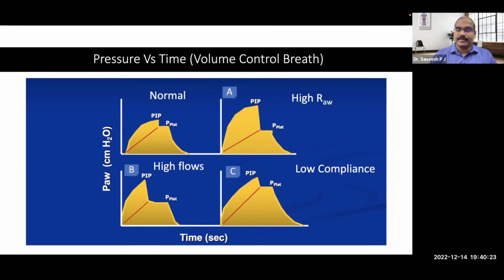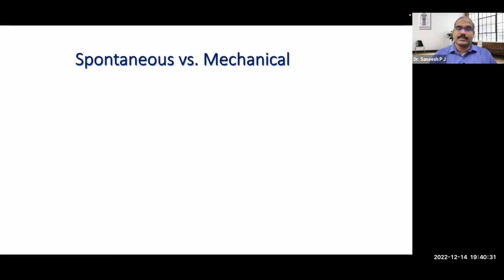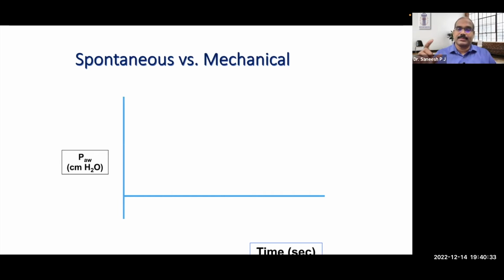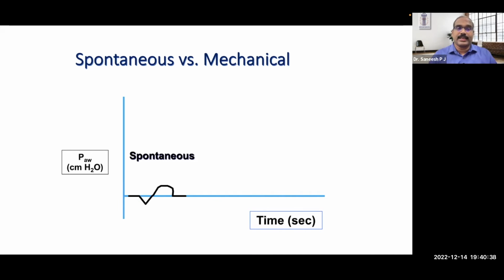Yeah, again, the graphics will give you a reassuring change when your bronchodilator works, because the difference between peak inspiratory and plateau pressure narrows. That means your troubleshooting is actually working.